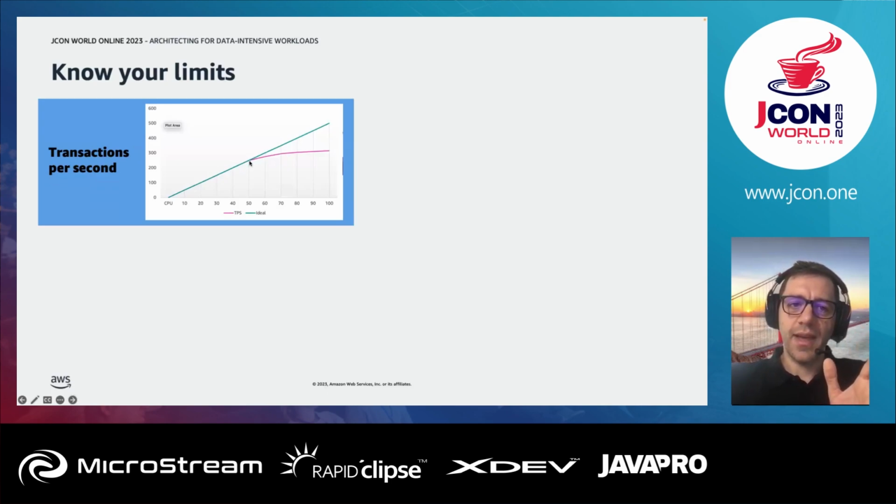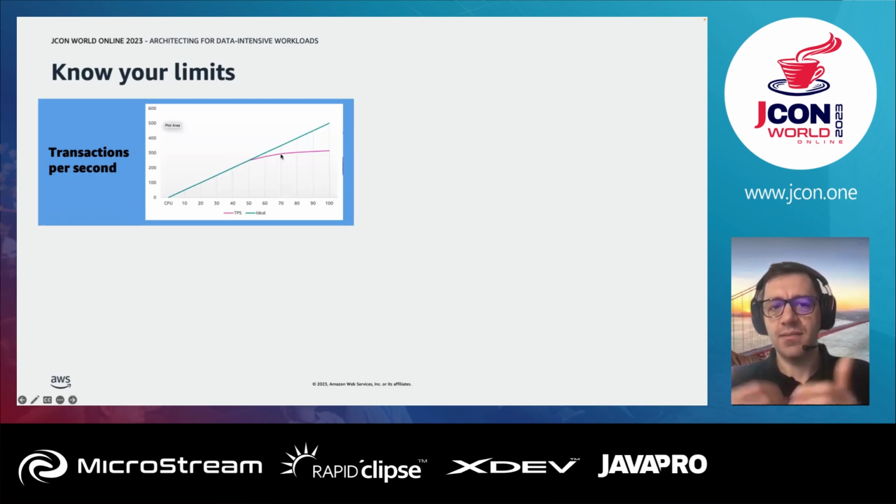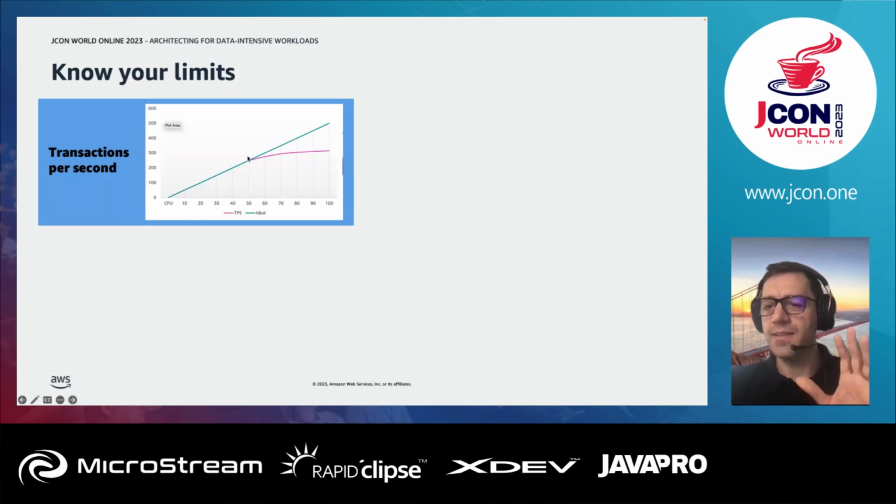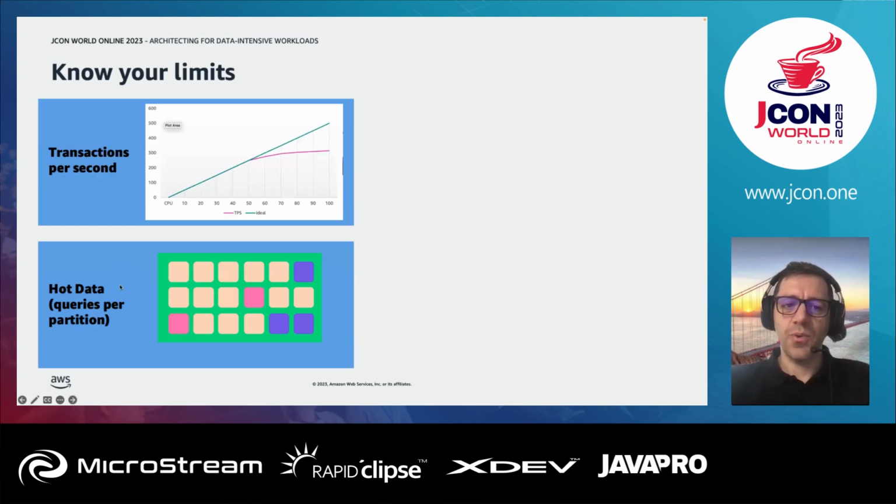For instance, if I add more than 50 CPUs to my database, or data store, it doesn't matter how many CPUs I add afterwards, the transactions per second are not growing anymore, right? So something is blocking there, something is waiting. And I know, okay, if I approach more than 300 transactions per second, that's the scalability limit of the current application.